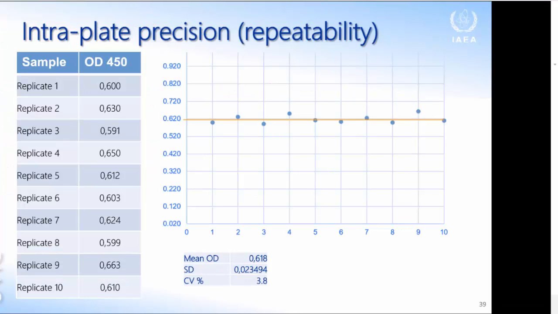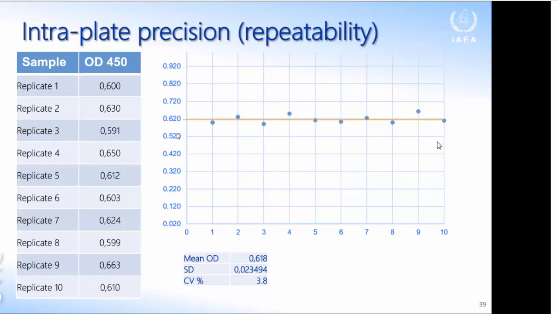So this is one example, just to be more clear, of how we will calculate or assess our intraplate precision or repeatability or intra-assay variation. We said we need a reference sample, which should be in the middle of the range of the values, and we perform at least a minimum of 10 replicates, and let's say that we obtain these optical densities.